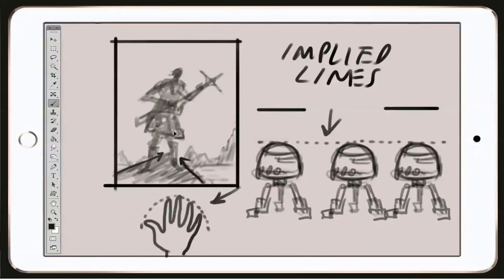So everything's pointing toward the figure. The mountains are moving toward the figure, aside from that implied line that is moving toward the figure. And I could even add some mountains right there that are pointing up toward the figure. So everything needs to be directed toward the center of interest, which, as you know, in this case happens to be this figure.